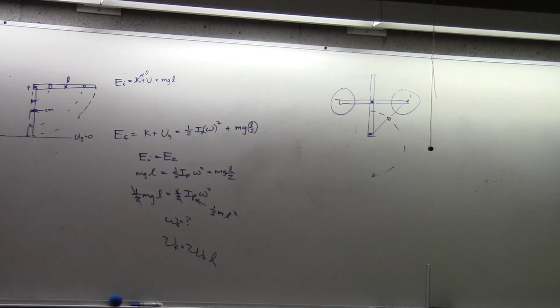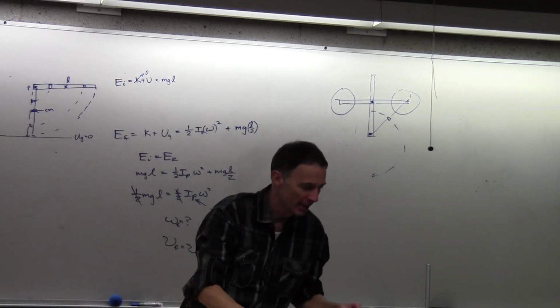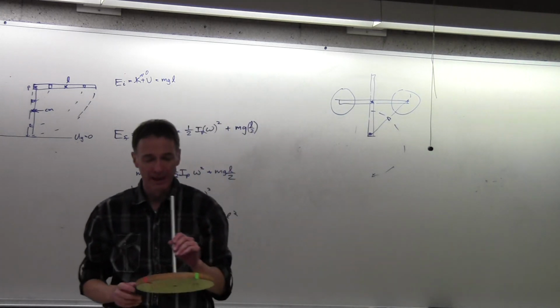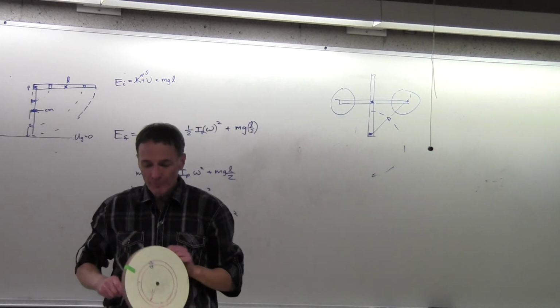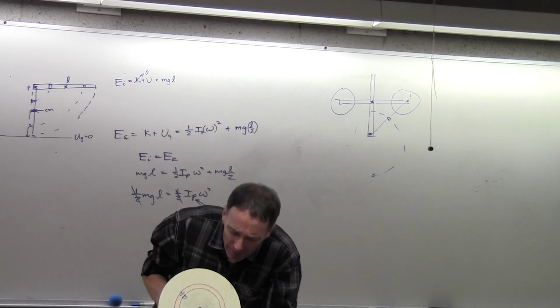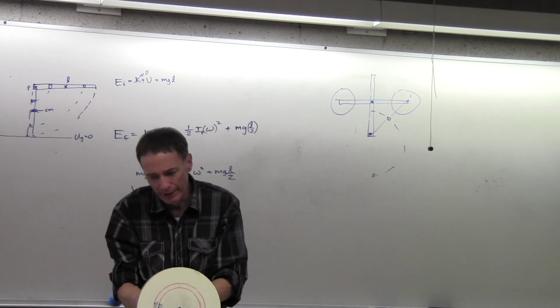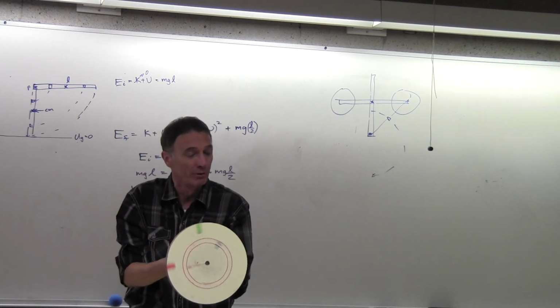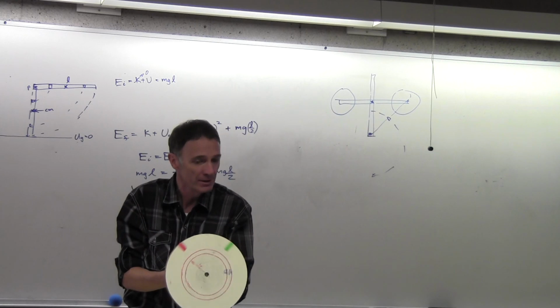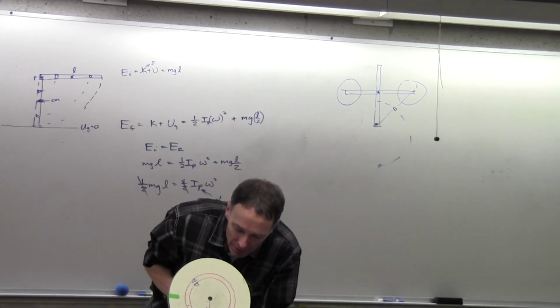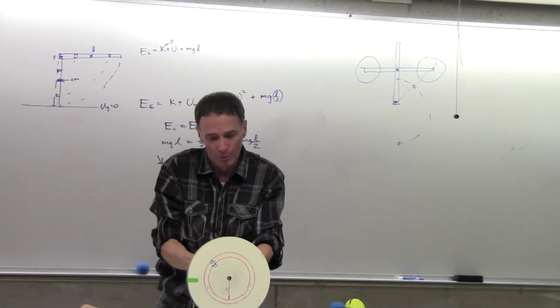Okay, now this parallel axis theorem is a handy one for doing other types of problems. We've dealt with things that are spinning on their axis, but something that we use a lot are things that are rolling.